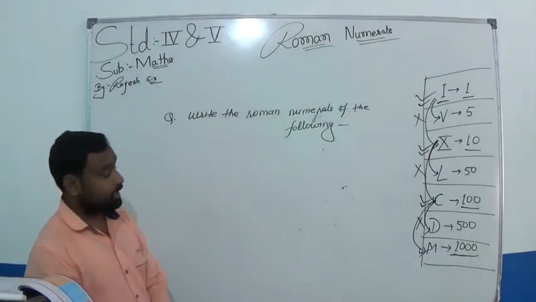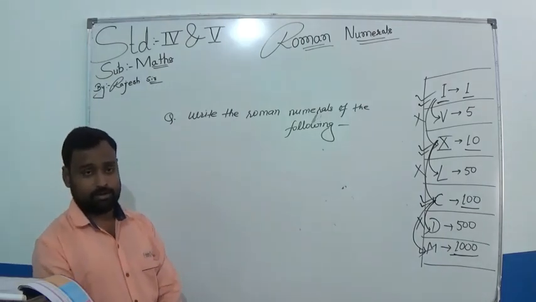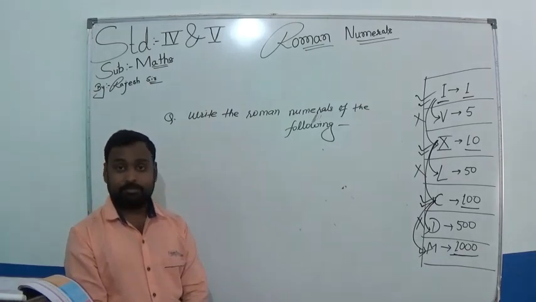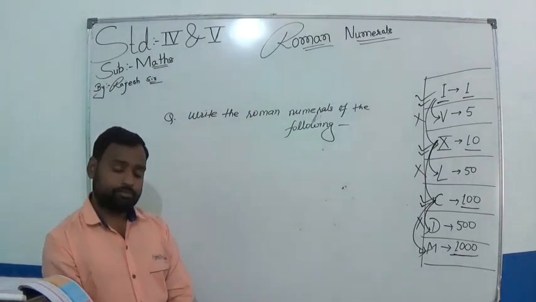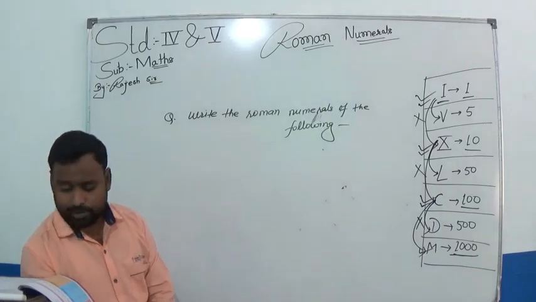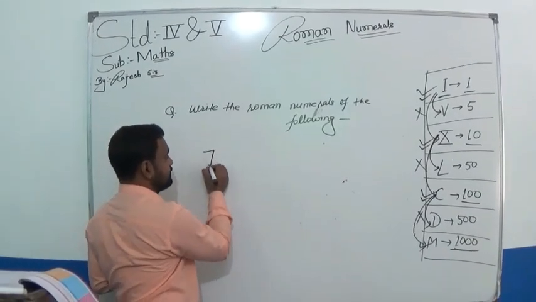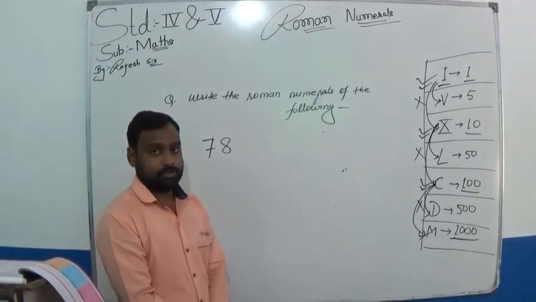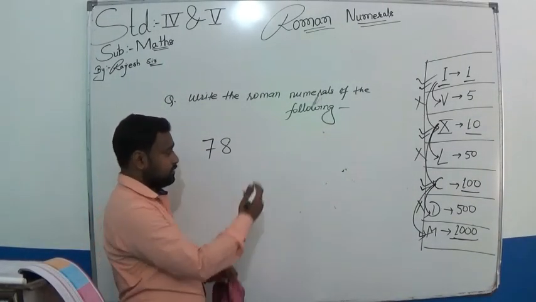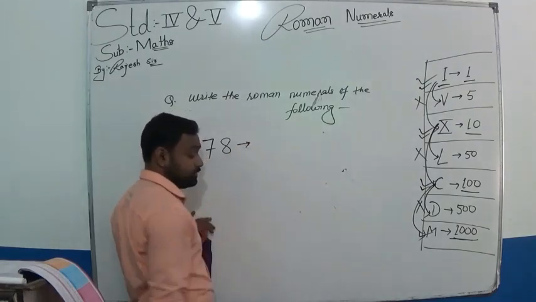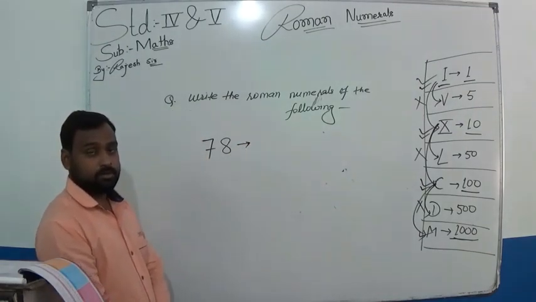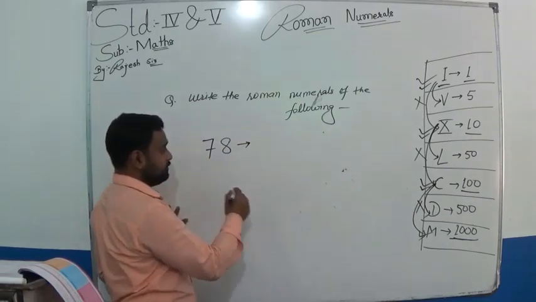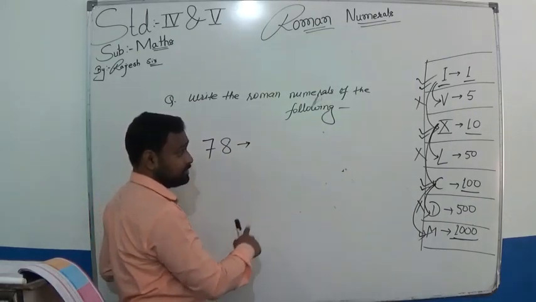See the example. For class 4, I will give you the example up to 100, and for class 5, up to 500. For class 4, suppose you are given 78. What will be this? 78. For 50, you have to write L.